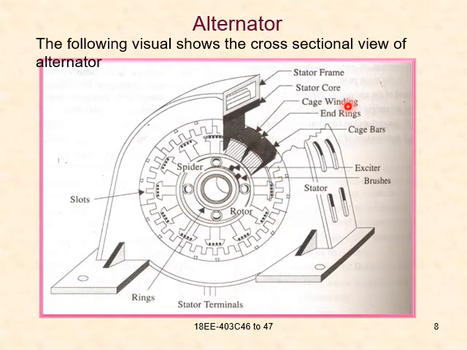This is the rotor cage winding, and we have an exciter with brushes, and these are the slots, and these are the bearings, rings, the spider, all this, and these three are the stator terminals, and these are legs in order to support.